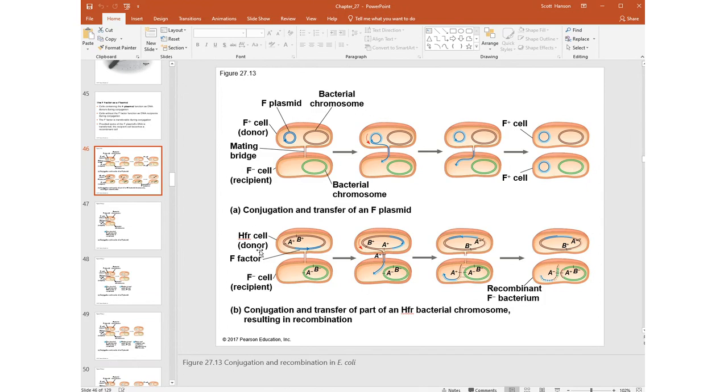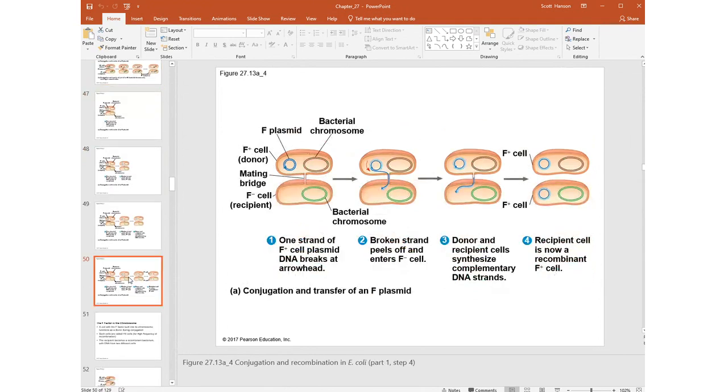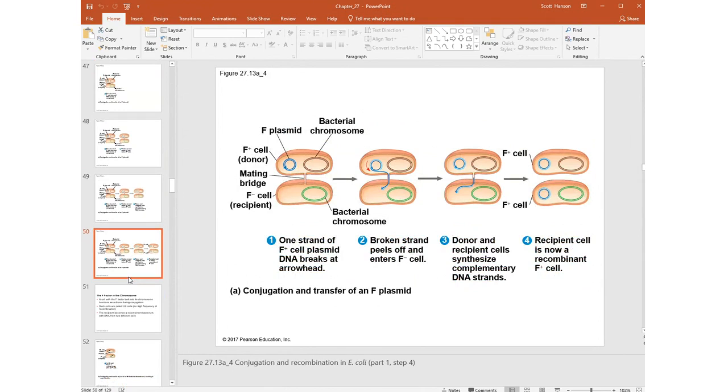Now we're going to look at conjugation and the transfer of part of an HFR bacterial chromosome that causes recombination. So we'll jump into the lecture right here at slide 50.